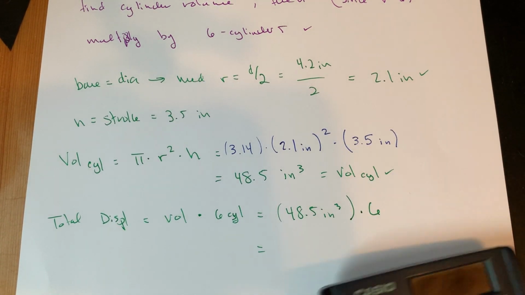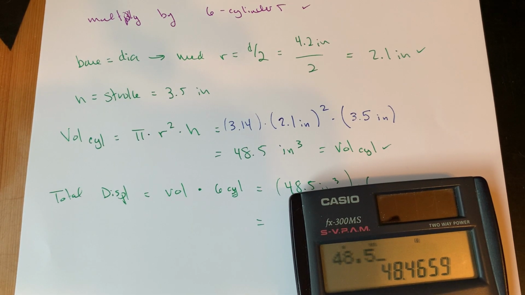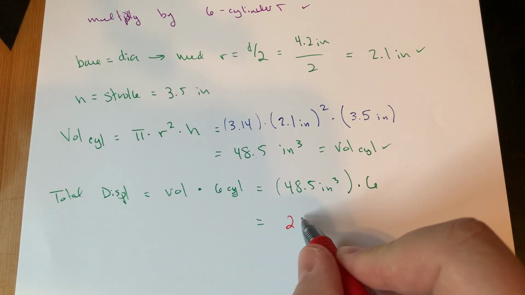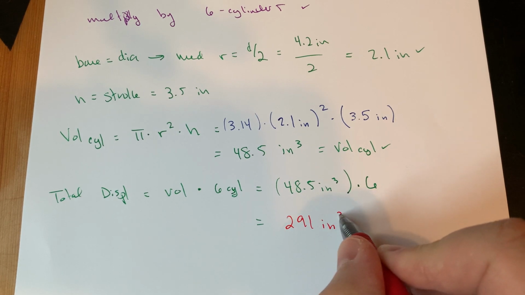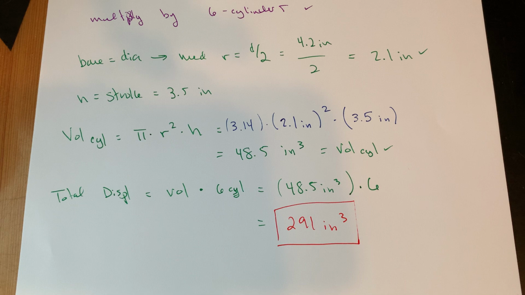Where are we going to end up? 48.5 times 6, 291. Still cubic inches, because each cylinder is a cubic volume, so we get that value. Times 6, there are no units on the 6, it's just 6 cylinders.